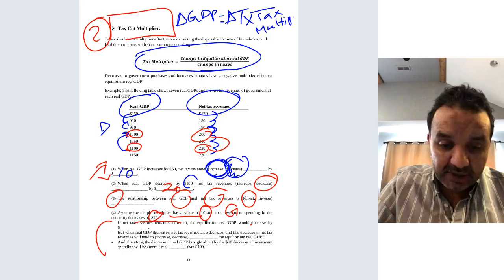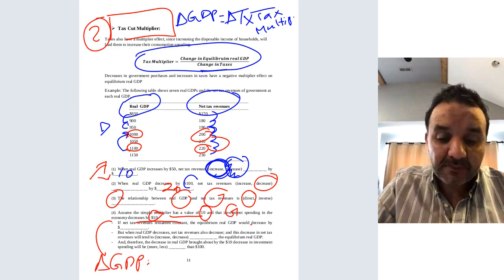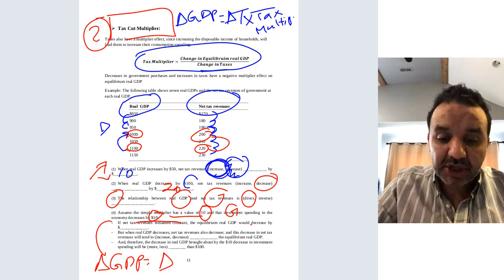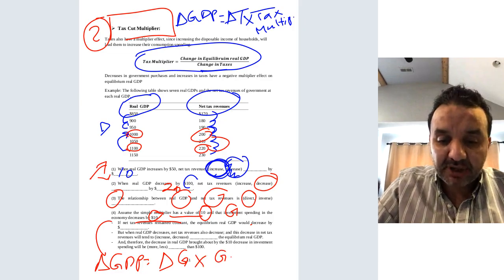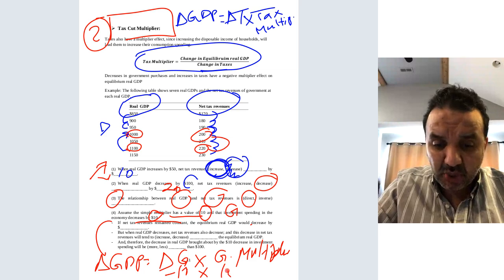Again, let's write down the formula here. The change in GDP equals the change in government spending multiplied by the government multiplier. The government spending changed by negative 10, and the government multiplier is equal to 10.